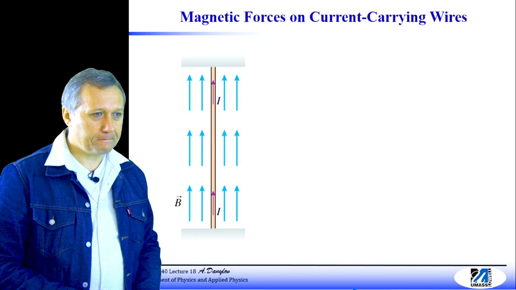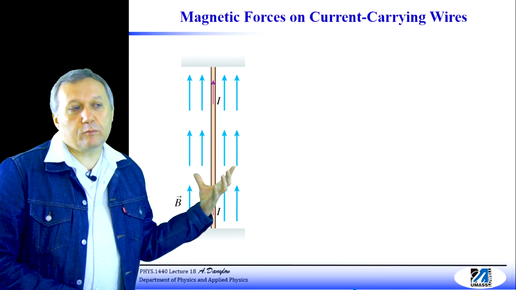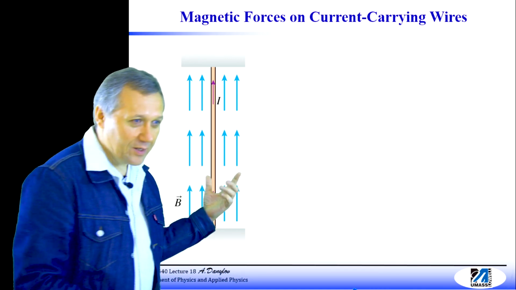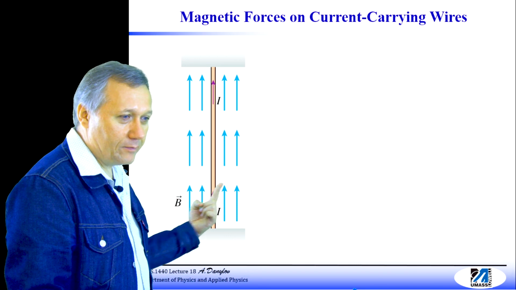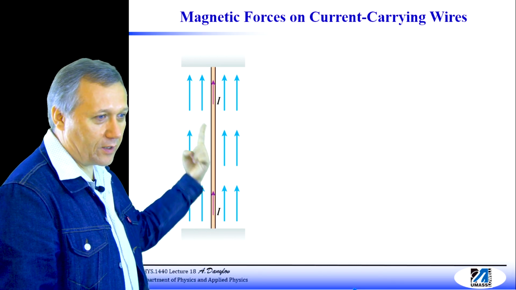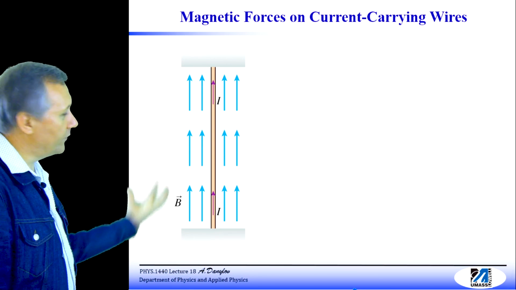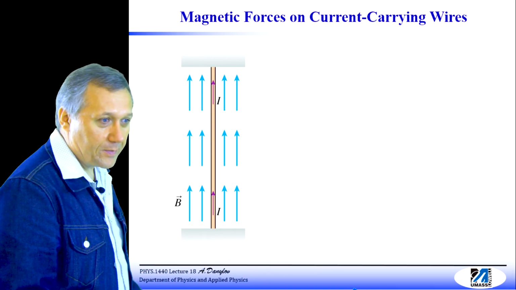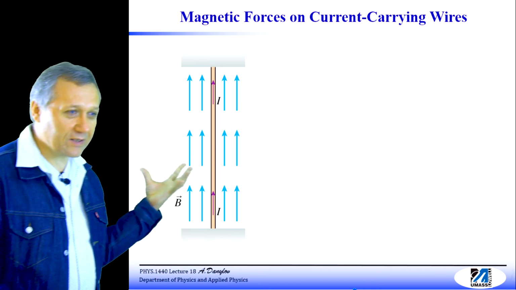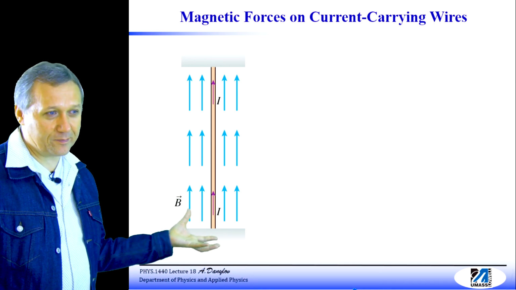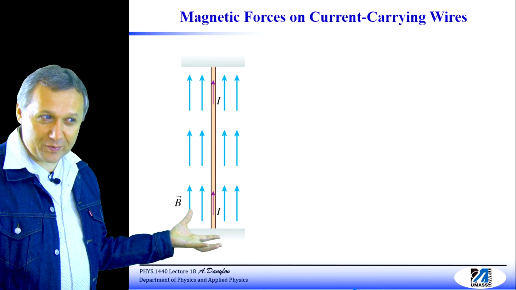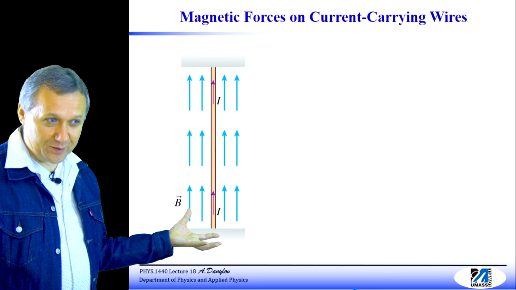Right. Here. So what if we have this situation? You see, we have a vertical wire with a current up, and these light blue vectors, also up, are the magnetic field. So what can we say about the magnetic force acting on this wire? Magnetic force will be 0.